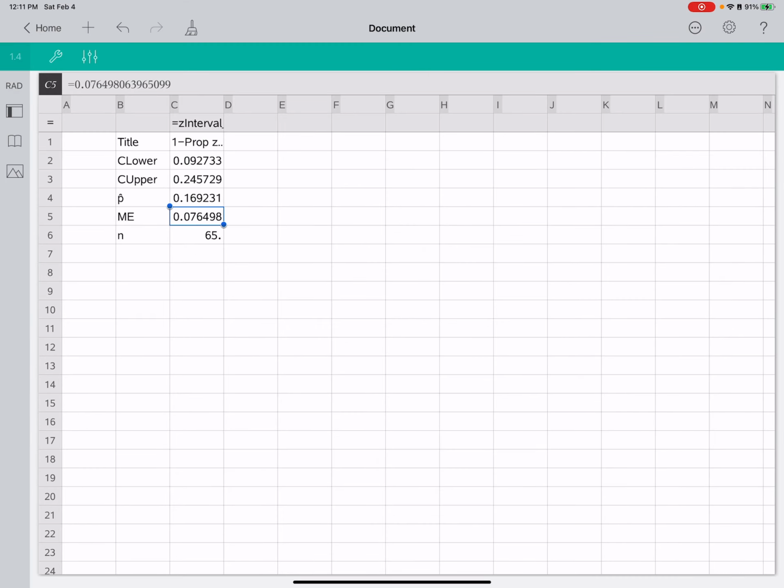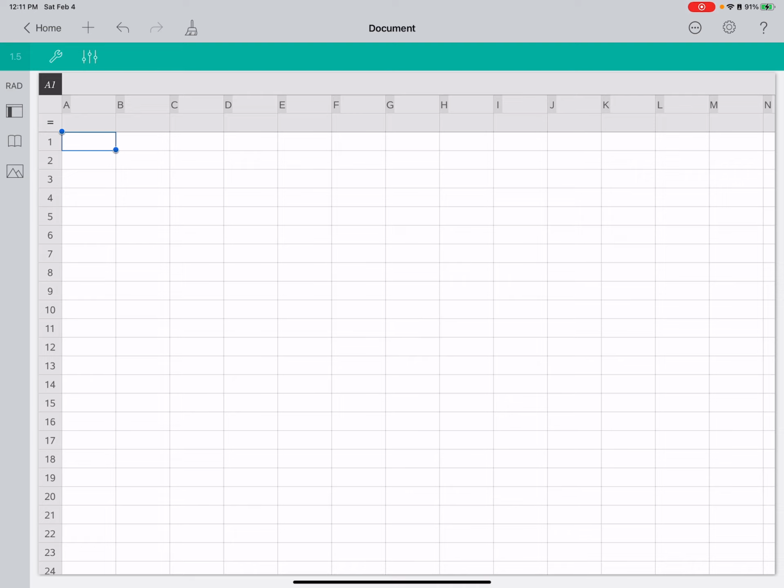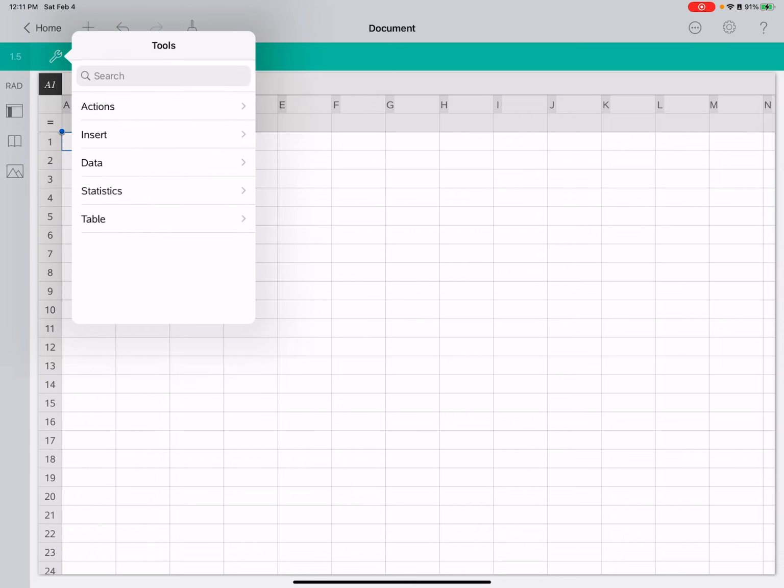All right, on the calculator I'm going to open a list and spreadsheet. You can do it from a calculator page or a list and spreadsheet, but if you do it from a list and spreadsheet, it will draw it for you. So statistics, stat tests, this is a 2-prop z-test.